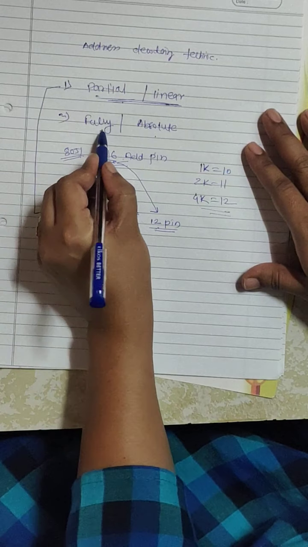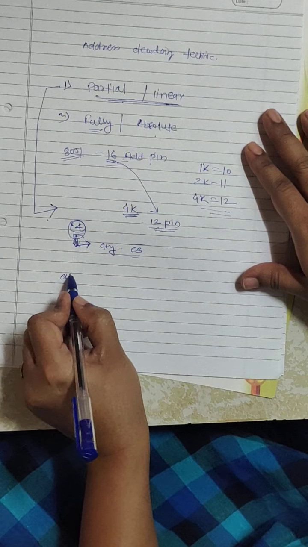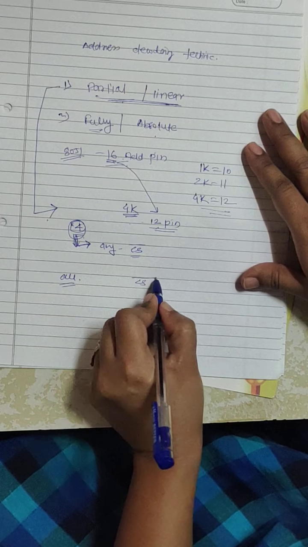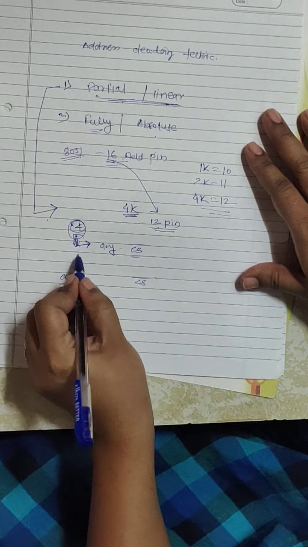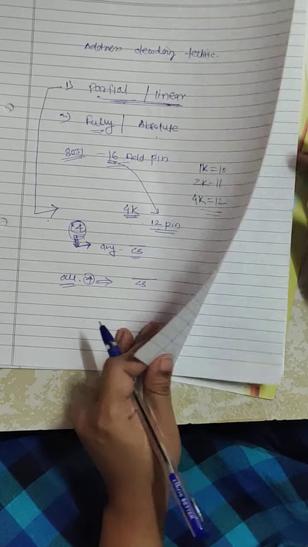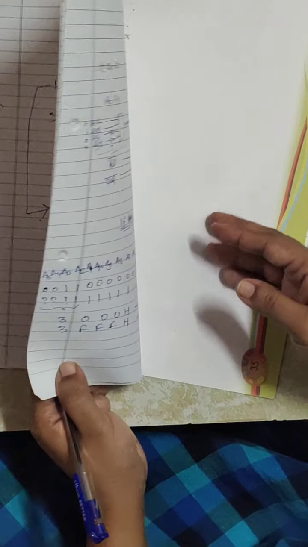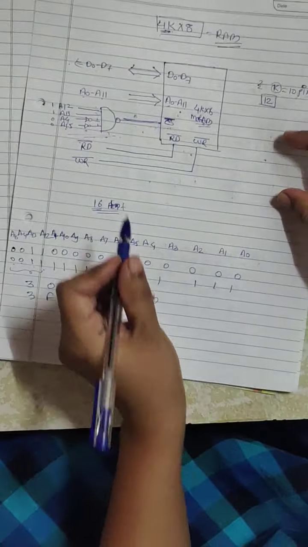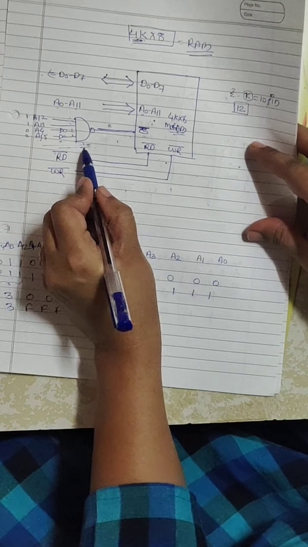And in case of the fully decoded technique, all remaining pins must be used to generate the chip select signal. It means all 4 we will use for generation of the chip select signal. In the previous case, we discussed this technique, that is by using the NAND gate.